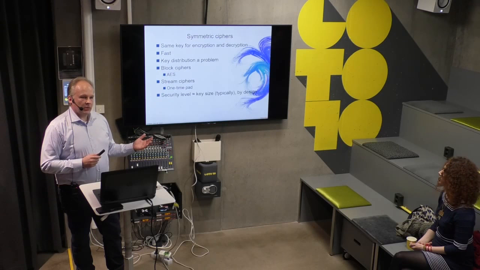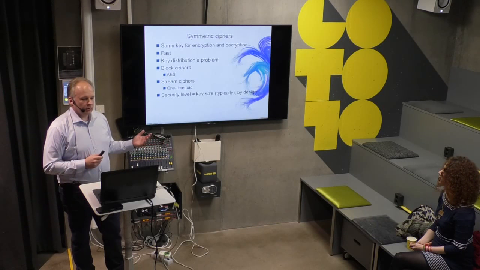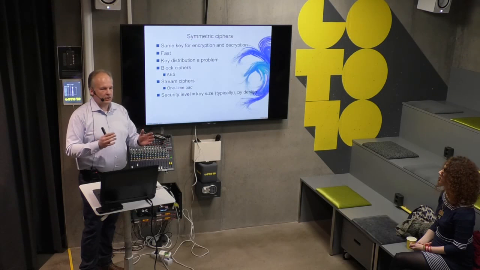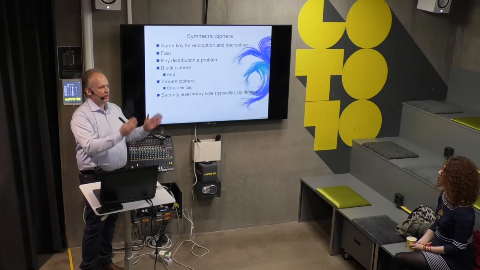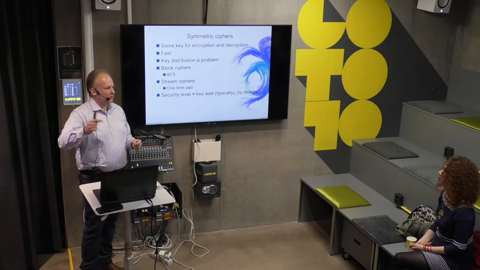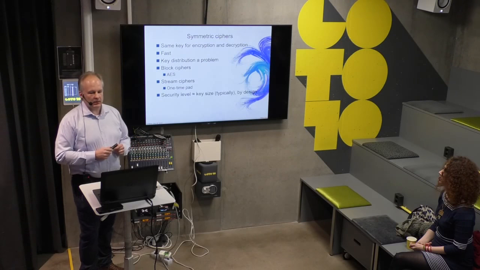You have two types of symmetric ciphers that are common. You have block ciphers. Block ciphers work on blocks of fixed size when they encrypt or decrypt. You have stream ciphers that work byte per byte or bit per bit in a stream.